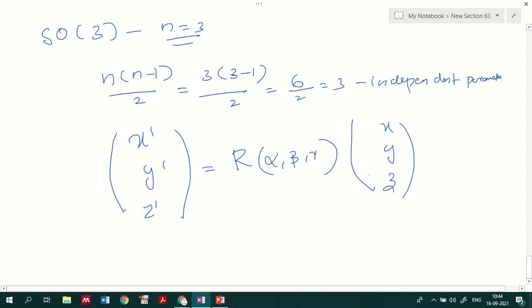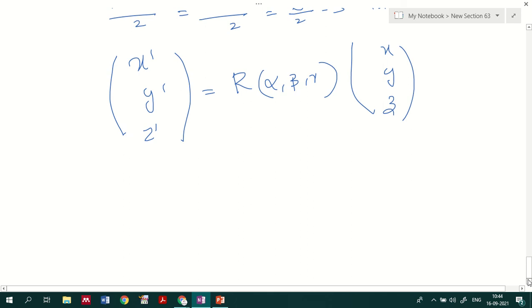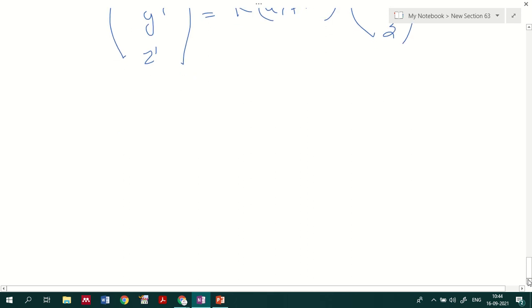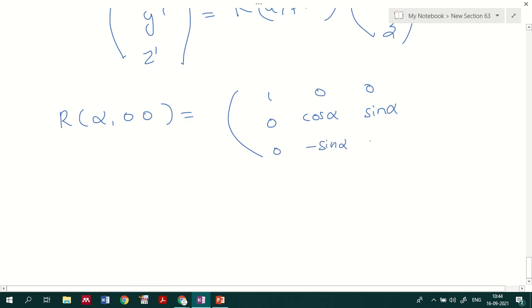Now you can see the value corresponding to R(alpha, 0, 0). That is equal to the matrix 1 0 0, 0 cos alpha sin alpha, and 0 minus sin alpha cos alpha.